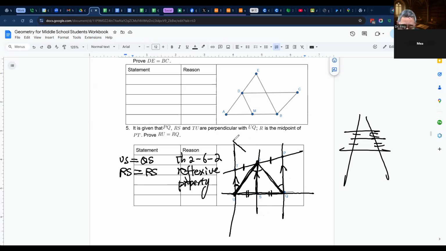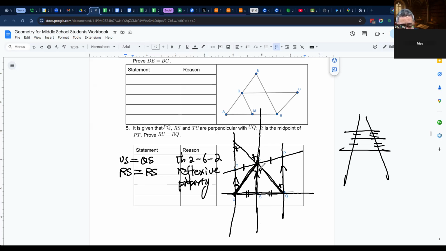Okay, so if we extend that, well, we know this one is congruent to this one, and this one is also congruent to this one.